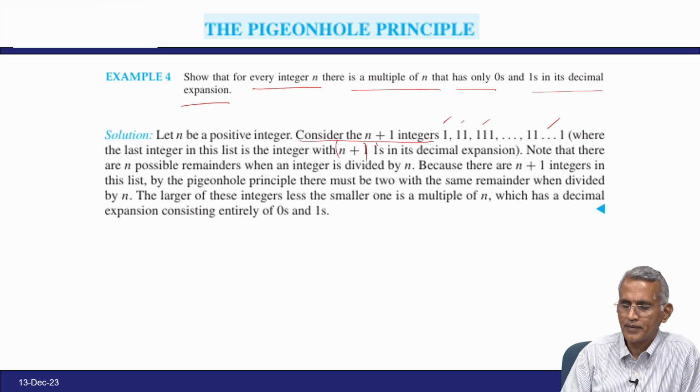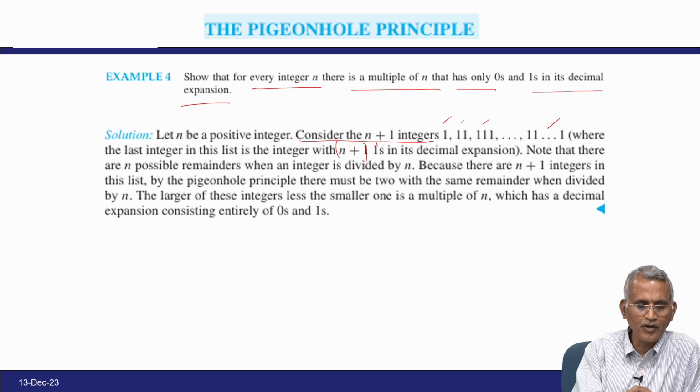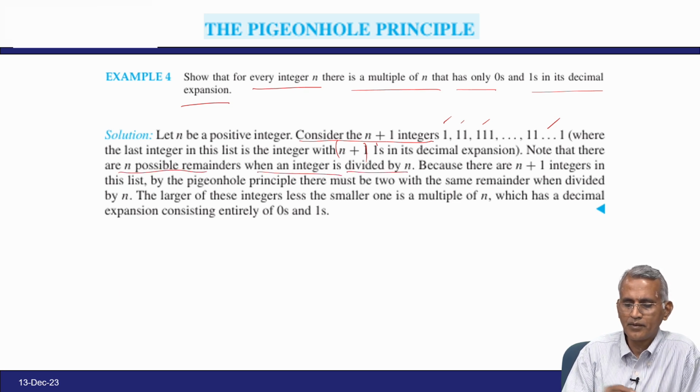Note there are n possible remainders when an integer is divided by n, because there are n plus 1 integers in the list. By the pigeonhole principle, there must be 2 with the same remainder when divided by n.